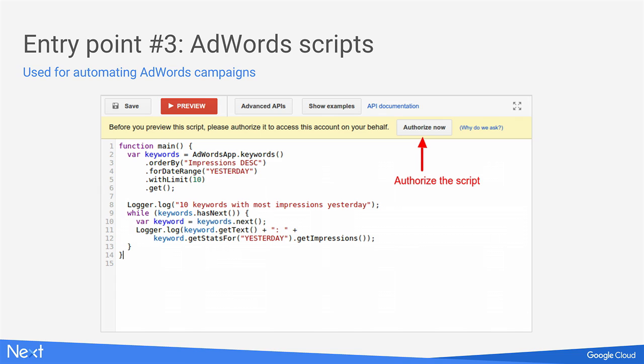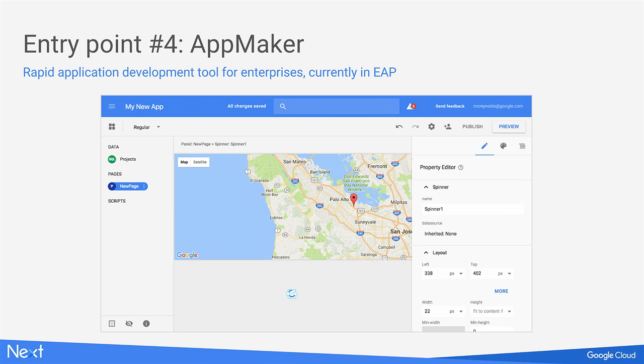Okay, one place you may have seen AppScript before without knowing that it was AppScript is AdWords scripts. AdWords scripts run in the AppScript runtime and can leverage a bunch of the AppScript APIs. And then lastly, AppMaker, which I've mentioned, and which is being demoed across the street in Moscone West.